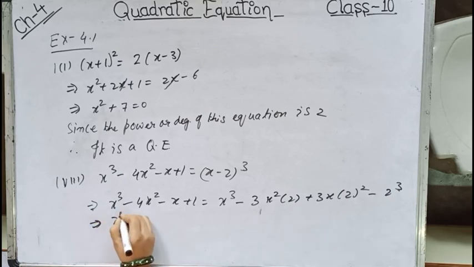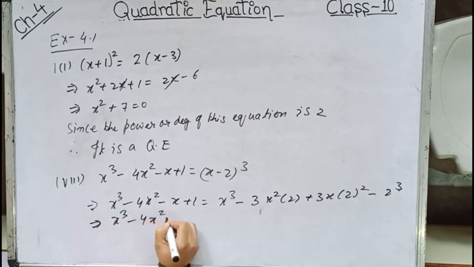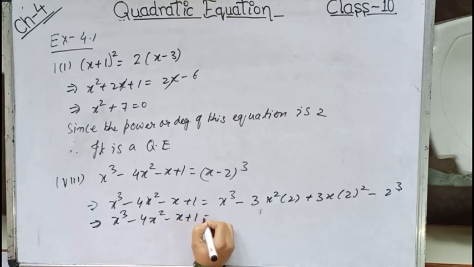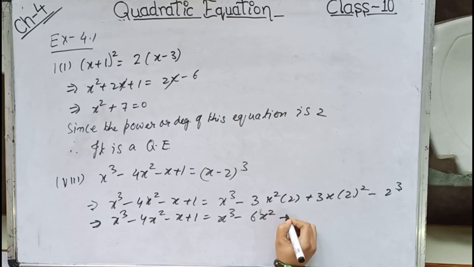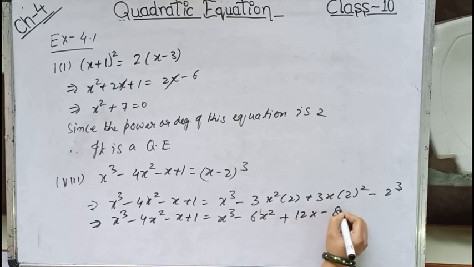This implies x cube minus 4x square minus x plus 1 equals to x cube minus 6x square plus 4 3s are 12x minus 8.